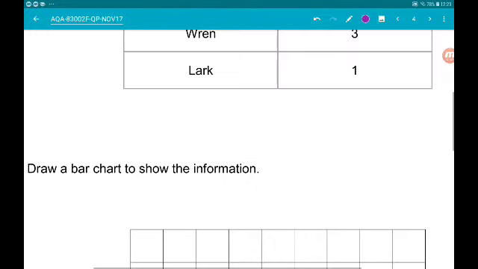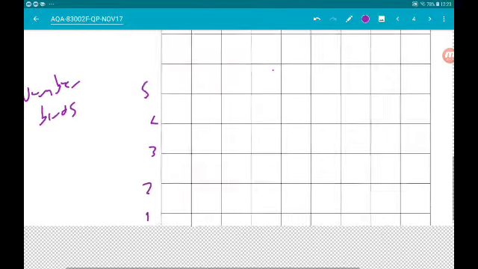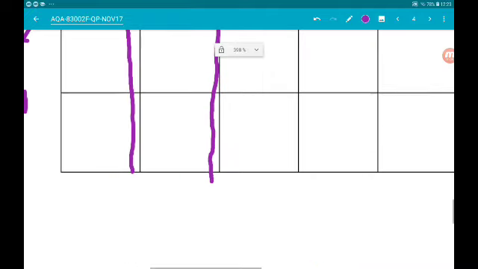Now, each bar has to be the same width and the same distance apart. So, there were 2 robins. So let's go here with the robins. In the real thing, here's a ruler.